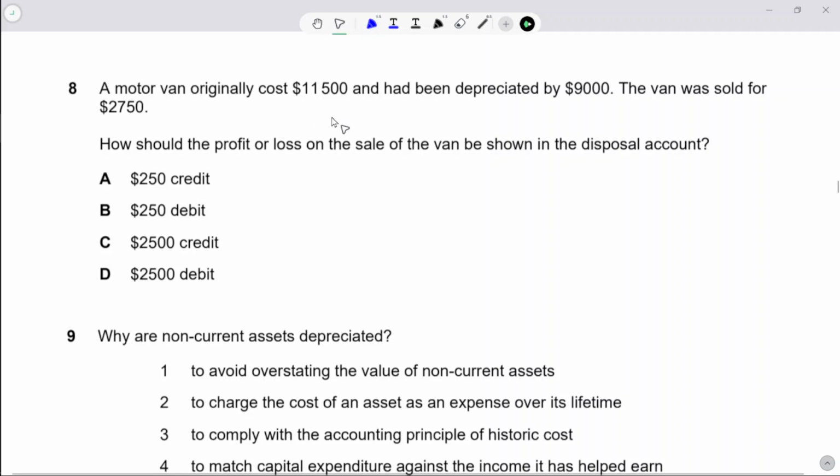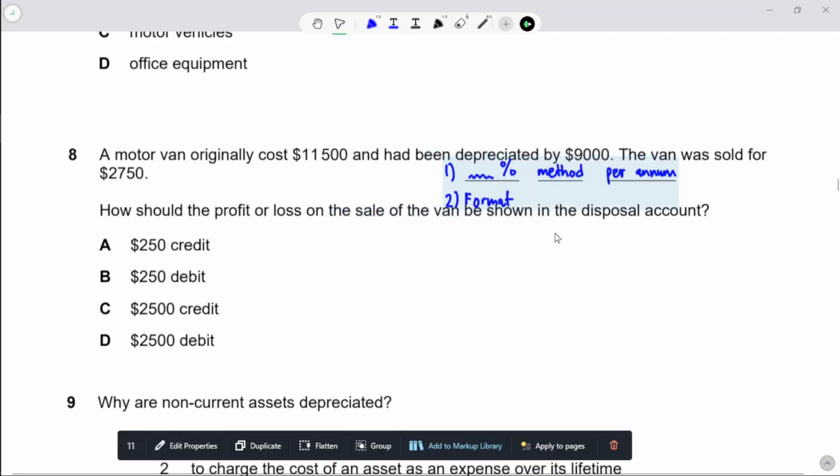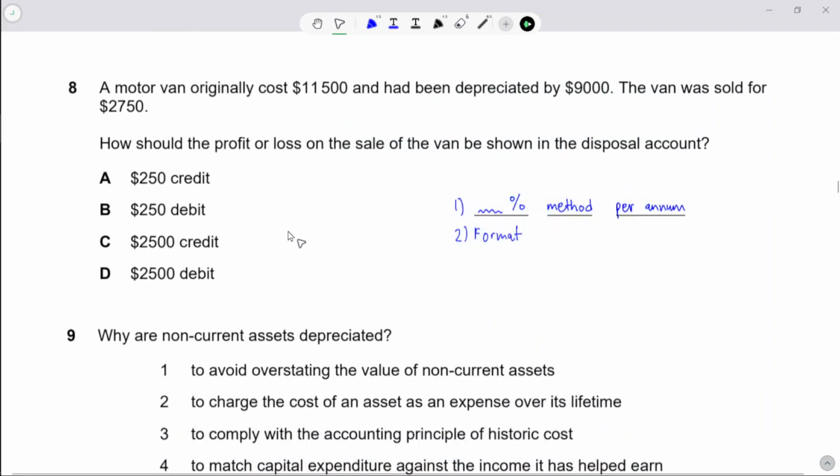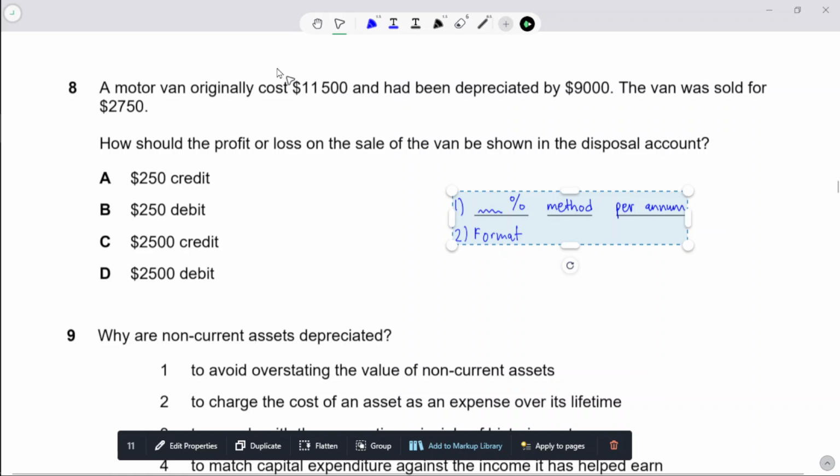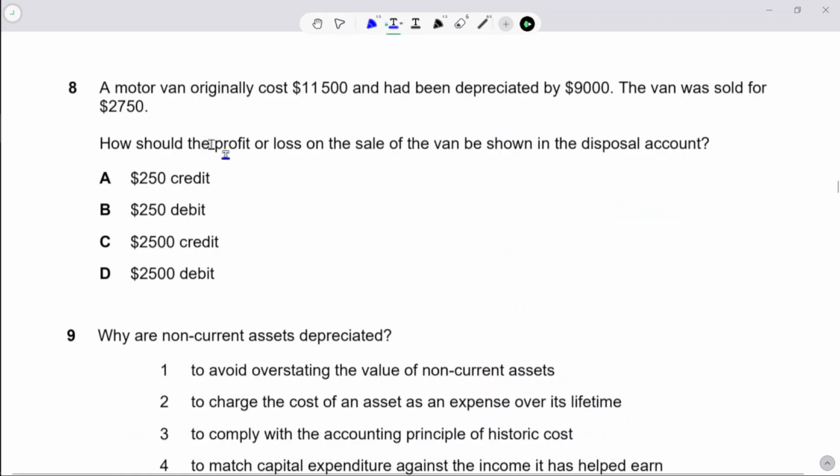The first thing we'll do is highlight percentage method and per annum. So what does he want? They want to find the profit or loss on the sale of the van. By default, profit equals the amount you spend and the amount you receive.